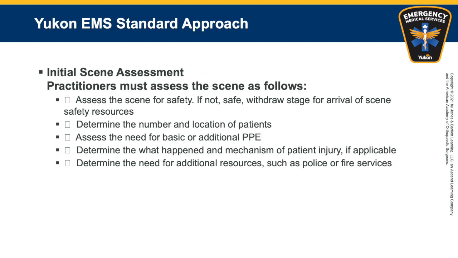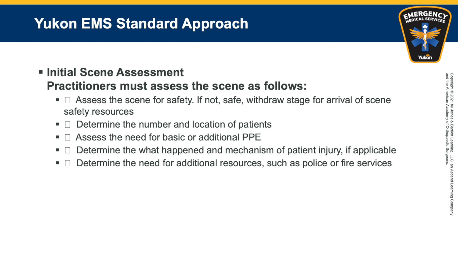All right, so let's start breaking it down now. So you're probably getting sick of this, but we're going to keep on doing it. So your initial scene assessment. You're going to come in, you're going to assess for safety as you approach before you even get to the patient. Make sure everything's safe before you enter that environment.